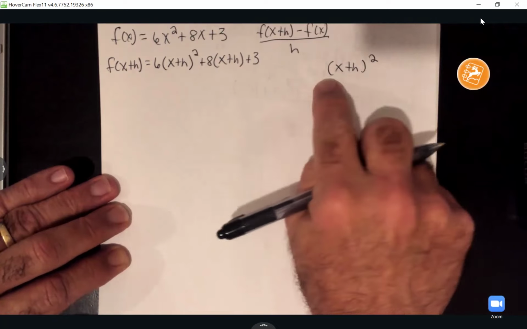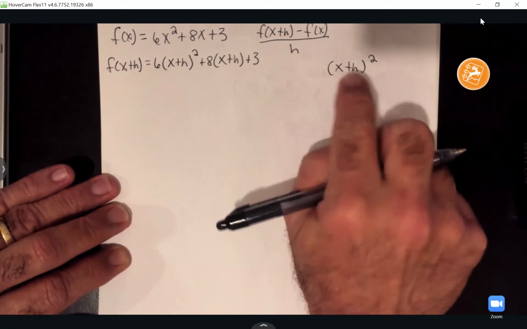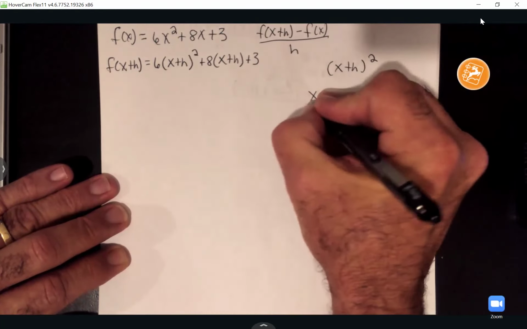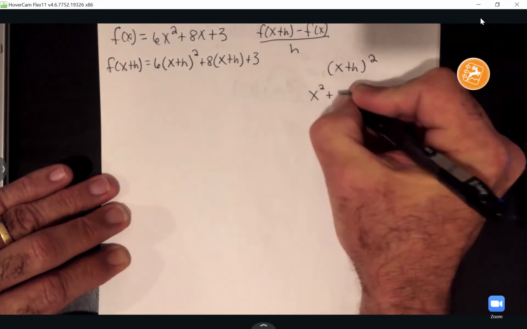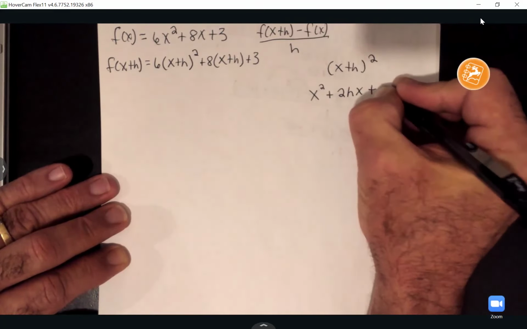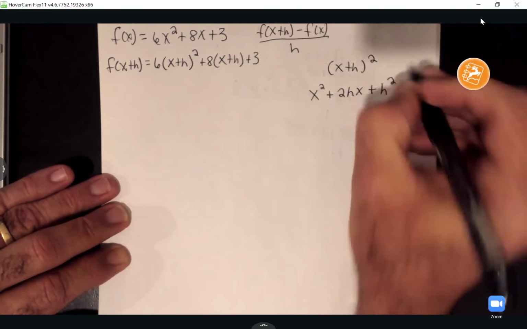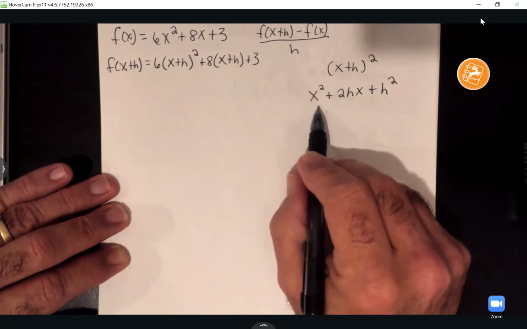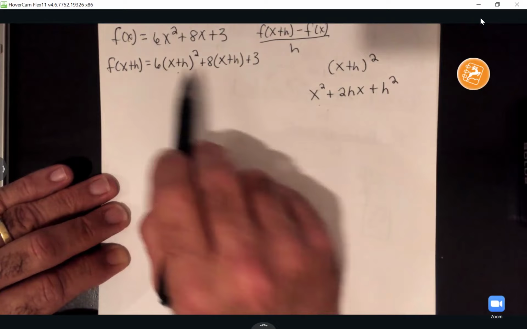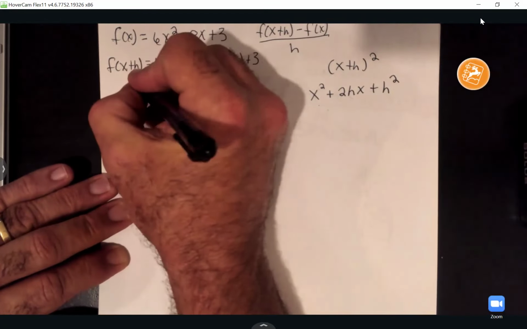In the long run, I won't figure it out because y'all got it in the notes. But x plus h squared equals x squared plus 2hx plus h squared. Save this for the test because y'all are going to have an x plus h squared, just like I did.